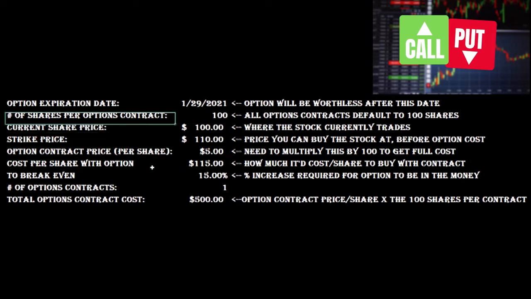But another thing to keep in mind with options is that most options contracts are not actually exercised. You don't make your money by exercising them and going through the process of saying, I want to buy the 100 shares for my one options contract. What happens in a lot of cases is people can use options to put themselves in a situation where they can get a big return with really big moves.